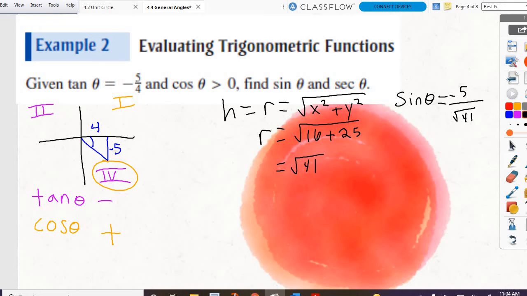What do we generally have to do? Do we like square roots in the bottom? No. So what do we need to do? Yes, sorry, multiply by square root of 41 over the square root of 41. So we end up with -5 square roots of 41 over 41. Can I reduce 5 over 41? Nope. So then that's my answer.